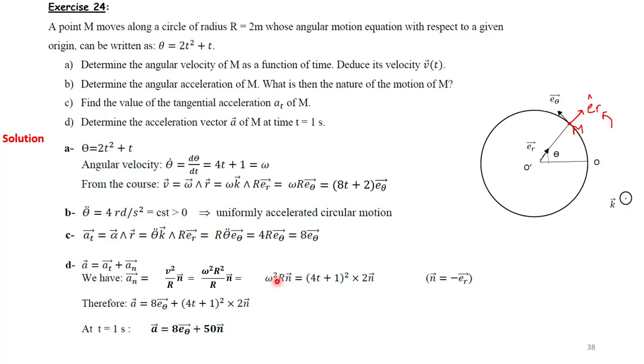Omega is 4t plus 1, and r is equal to 2 meters. Finally, the normal acceleration is equal to 4t plus 1 squared times 2 along n. And we can get the total acceleration as 8 E theta plus 50 along n. We just replaced t with 1 second.